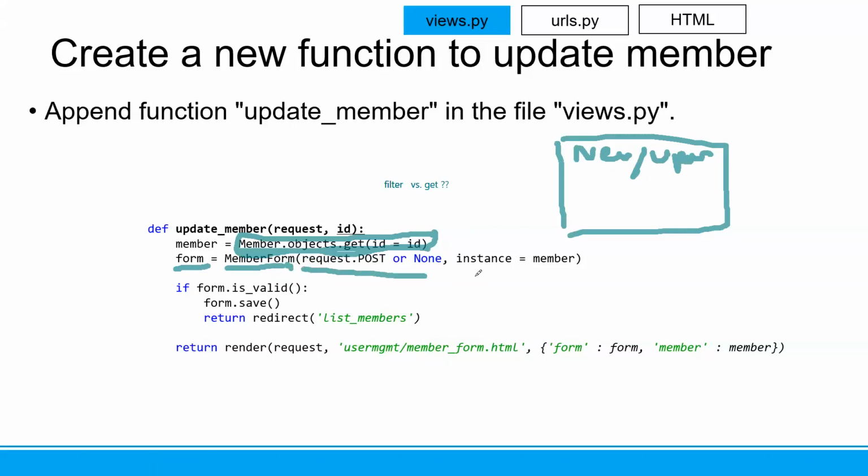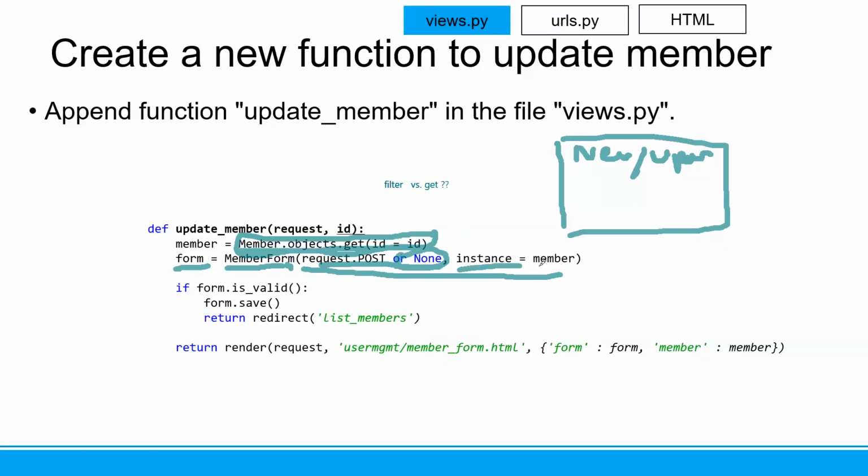In this case, we have two kinds of parameters. The first is request.post or none. It means later on, after I finish inserting any values, it can be using post, or it can be just a new form, which is none.